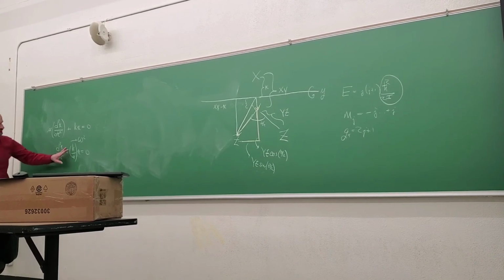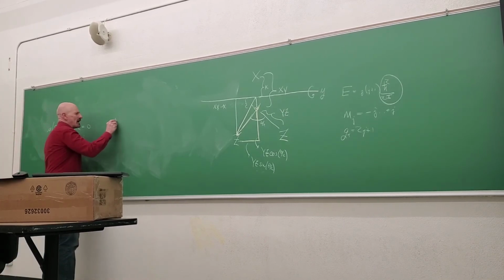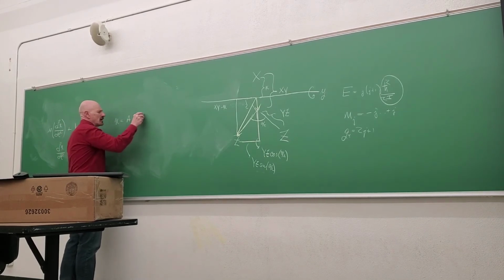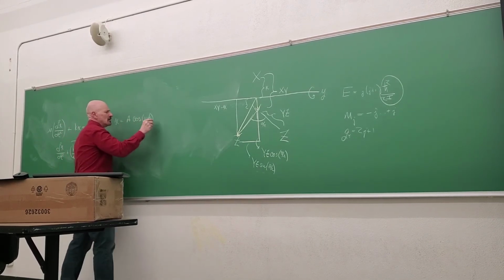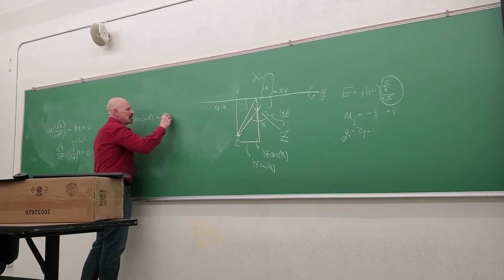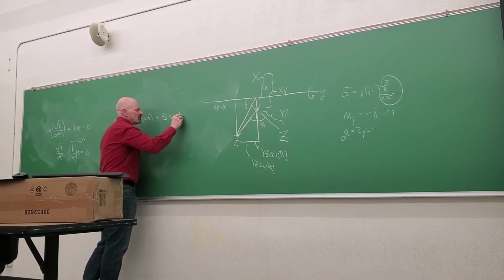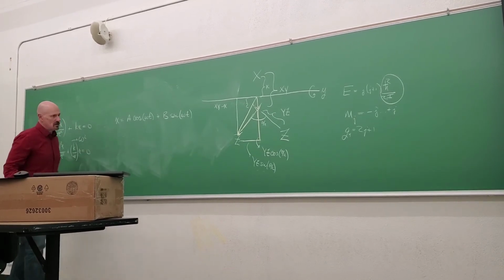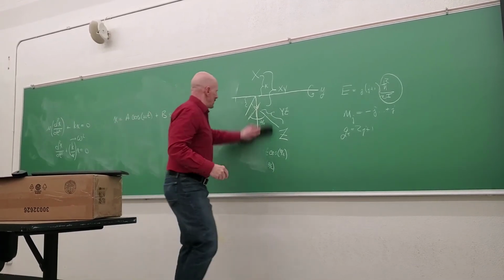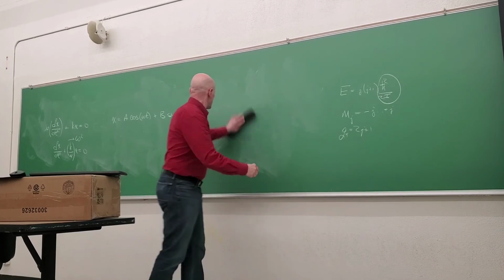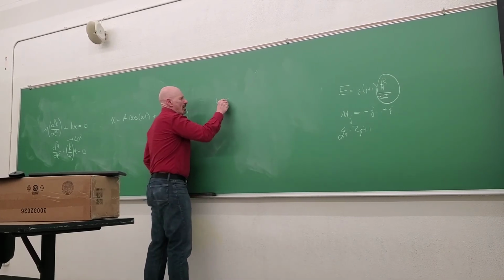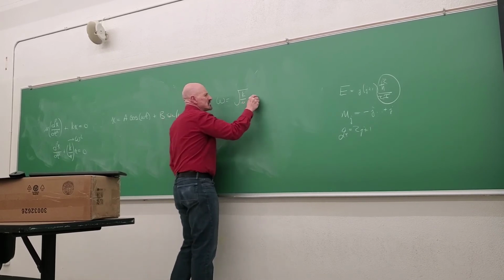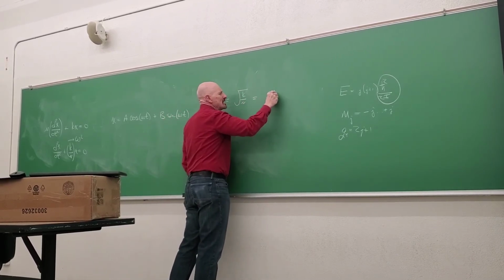So I can write immediately that x is a times cosine of omega t plus b times the sine of omega t. Note, omega is, of course, the square root of k over mu. This has units of radians per second.